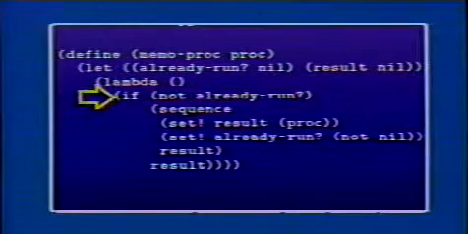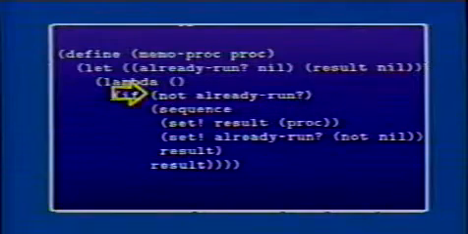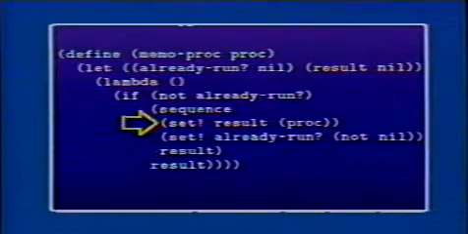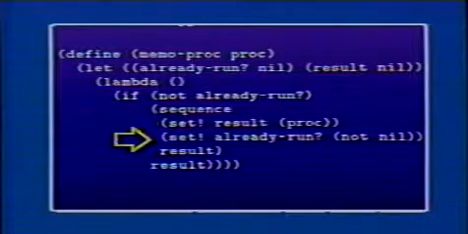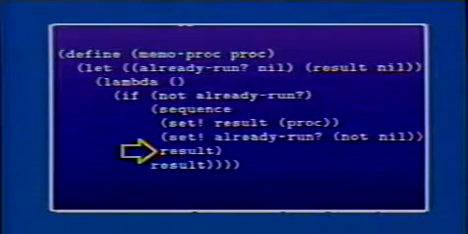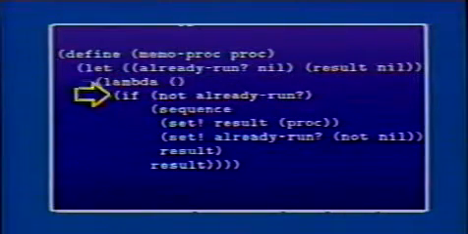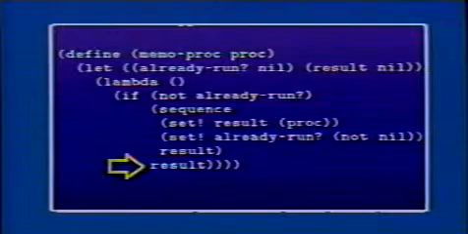And it says, if I'm not already run, then I'm going to do a sequence of things. I'm going to compute proc. I'm going to stash that in the variable result. I'm going to make a note to myself that I've already been run, and then I'll return the result. So that's if you compute it when it's not already run. If you call it and it's already been run, it just returns the result.